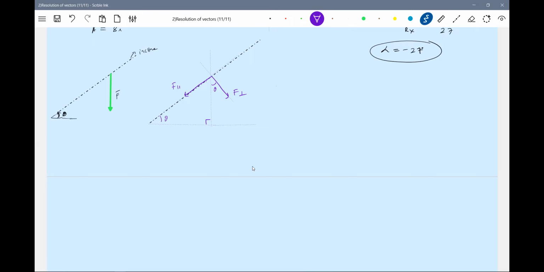Sir, I'm not understanding what you are doing. So what I did, this was the force, no? A component of force I resolved, that is F perpendicular, perpendicular to the incline. There's a force F. A component of this force I resolved, that is along the incline, that is F parallel. I think no problem.